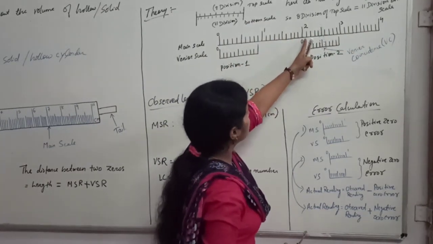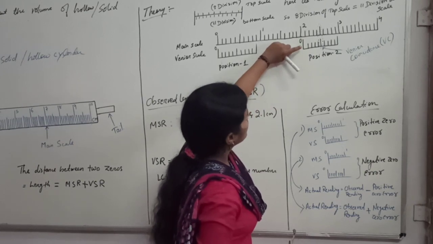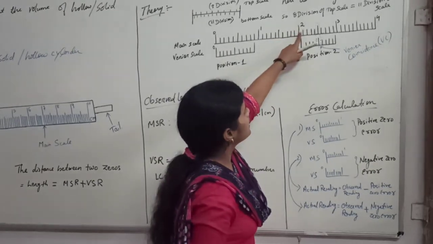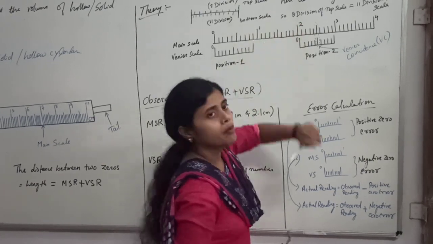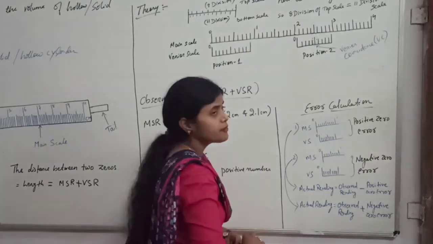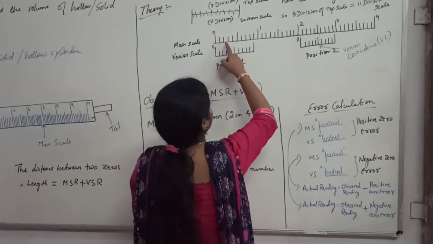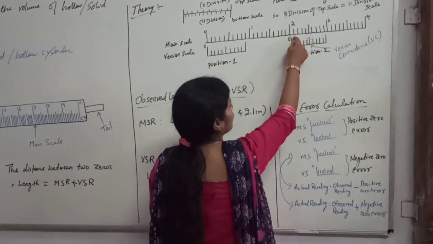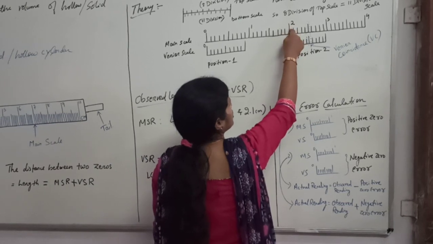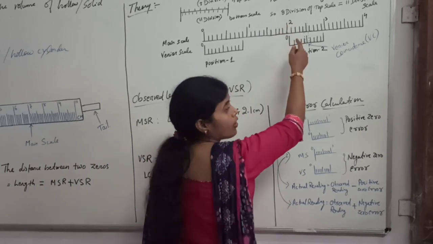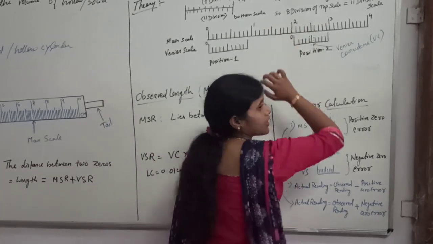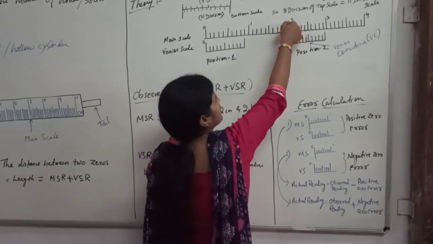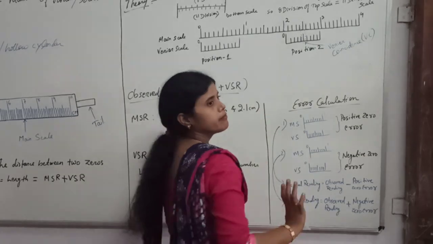So you have to see where the zero line of this vernier scale is indicating on the main scale. Let me repeat. You have to look at this line, and where it is situated, you have to spot from this main scale. So this is like a mark.